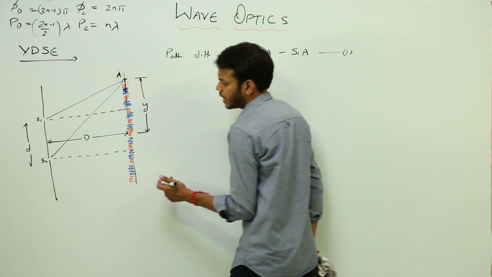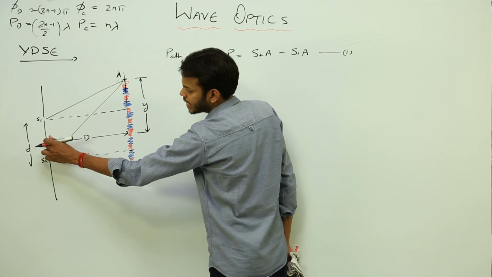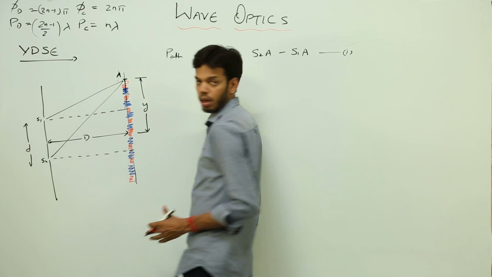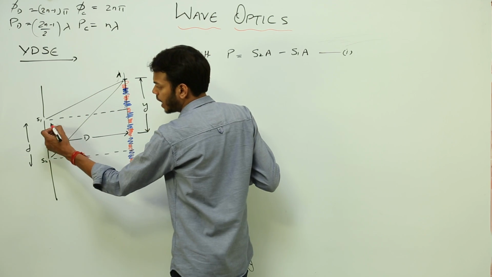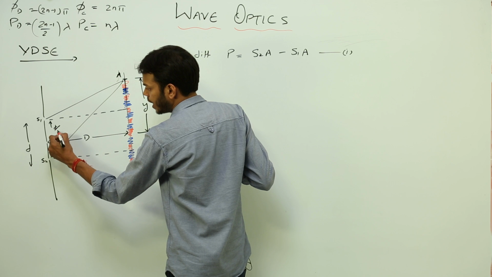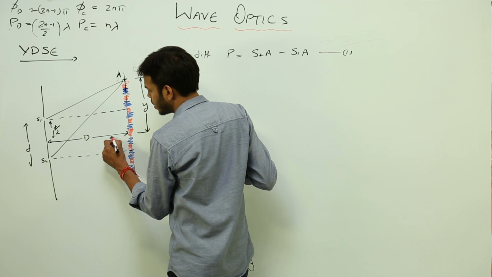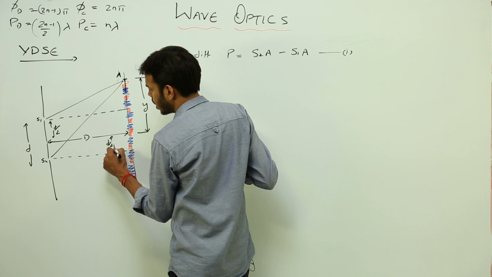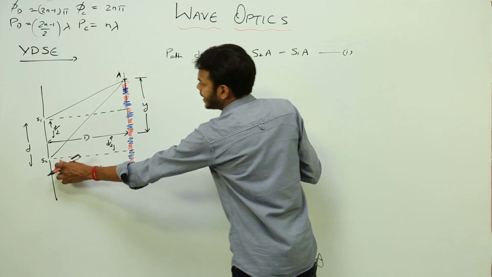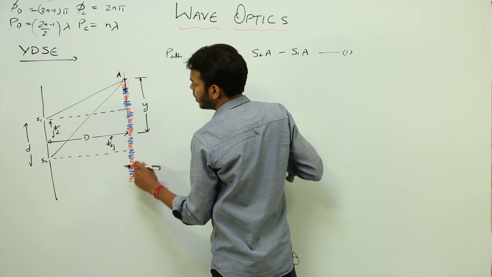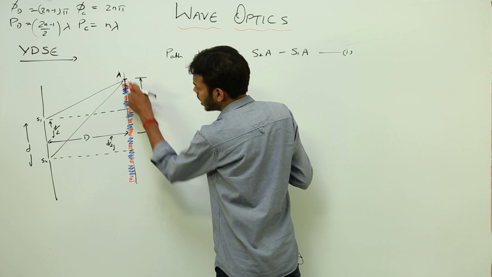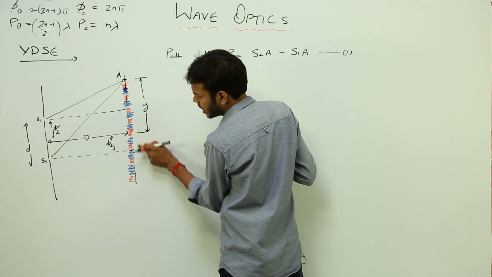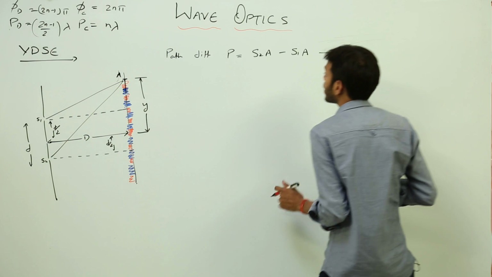So, what other distances do we have now? This is the centermost part. According to my diagram it doesn't look like it, but this is the center part. So this distance would be d by 2, and similarly this distance will also be d by 2. So S2A, from this right triangle, would be the square root of this square, which is D squared, plus this square, which is y plus d by 2, whole squared.